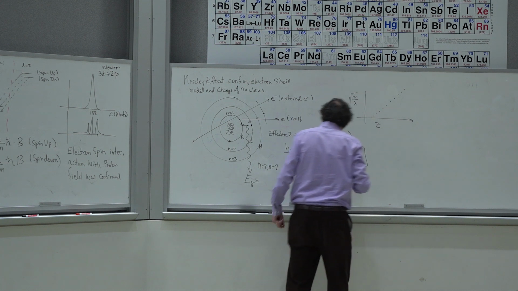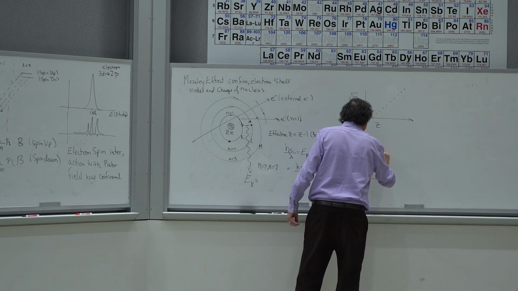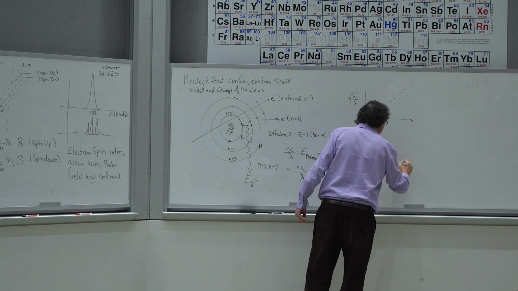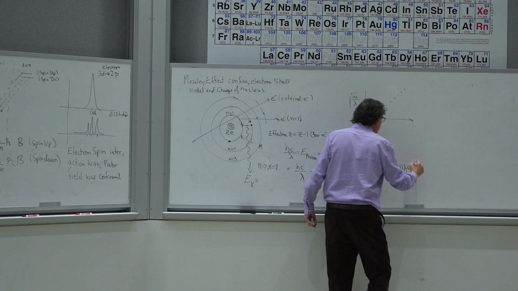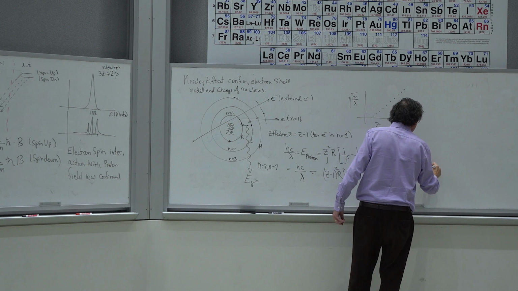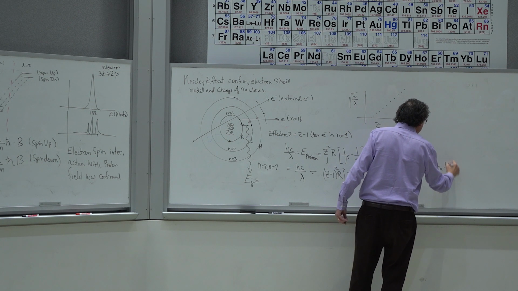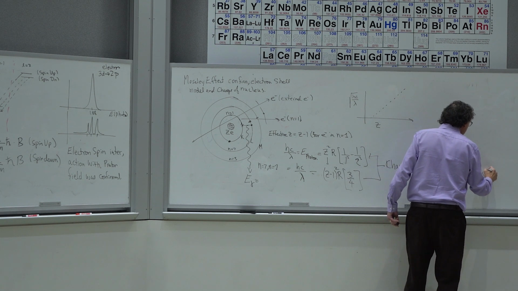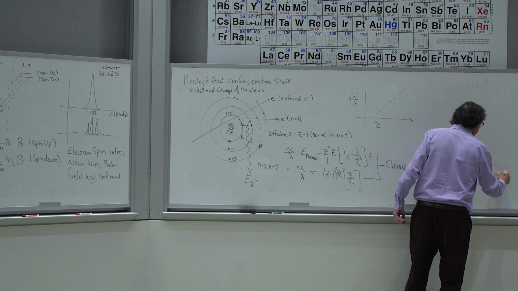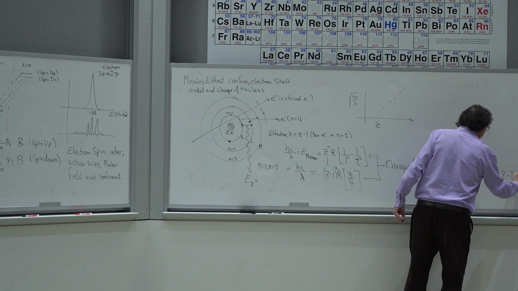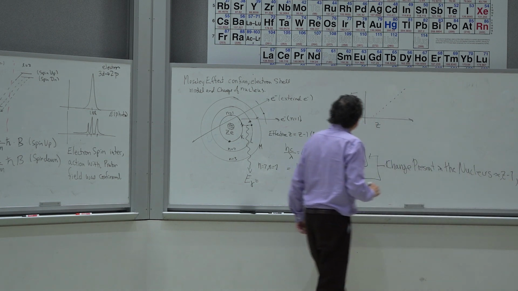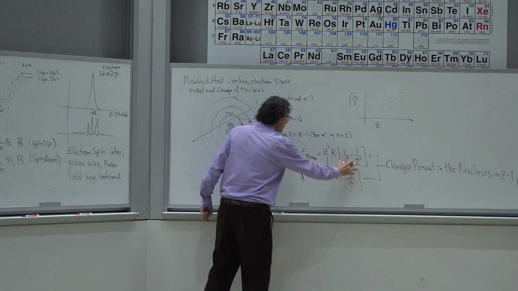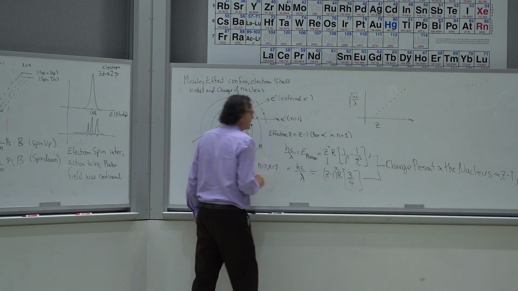So he was able to confirm that the charge present in the nucleus was approximately equal to Z minus 1 as a result of the transitions.